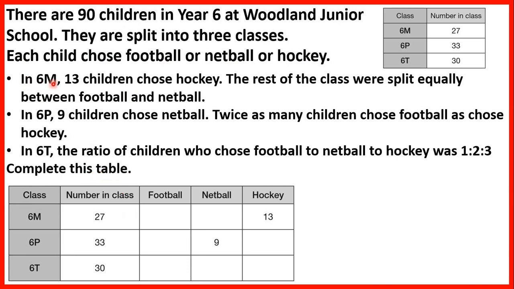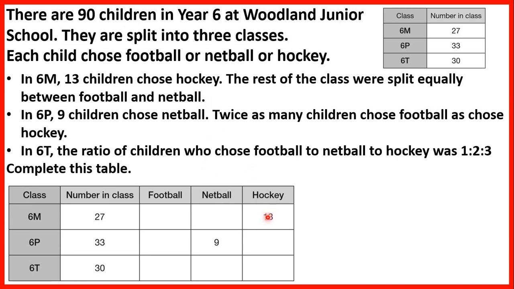In 6M, 13 children chose hockey, and we can see that for 6M we have 13 under hockey. The rest of the class was split equally between football and netball, so that means the same number of children chose football and netball.